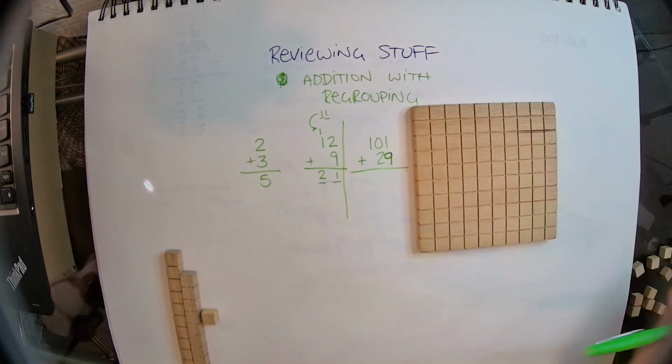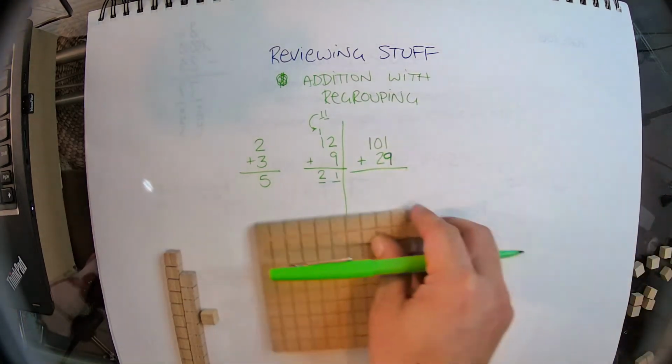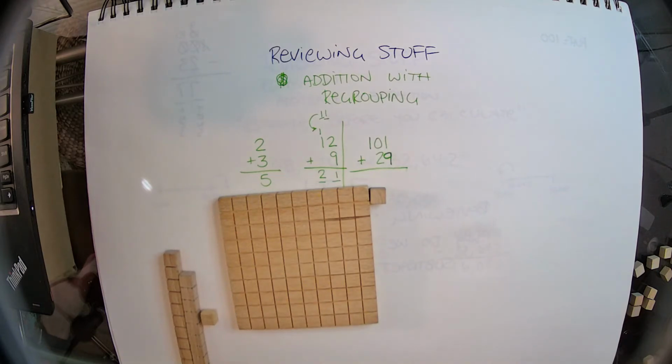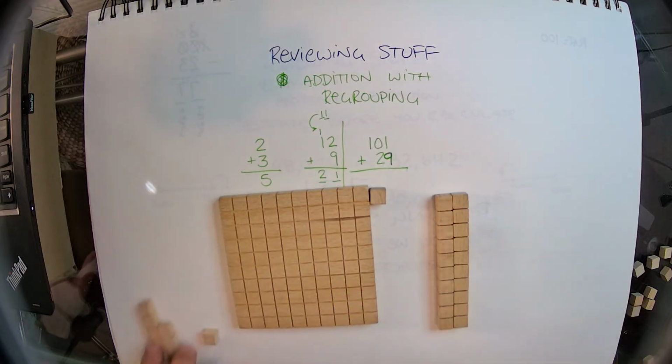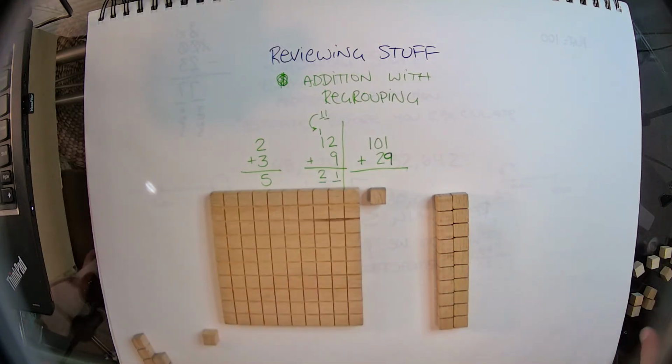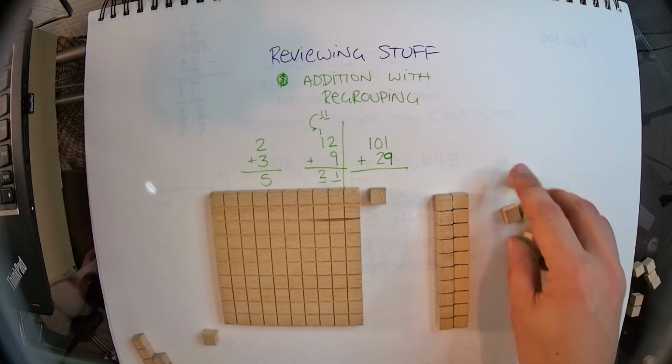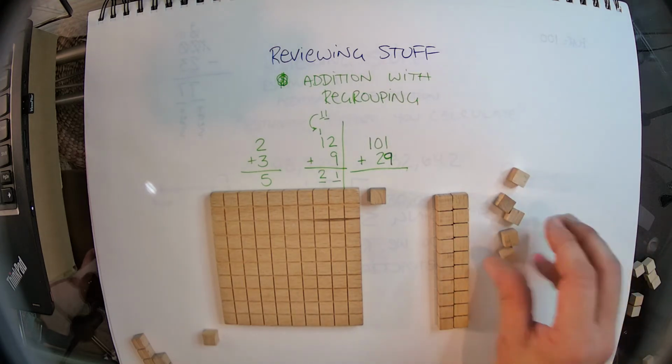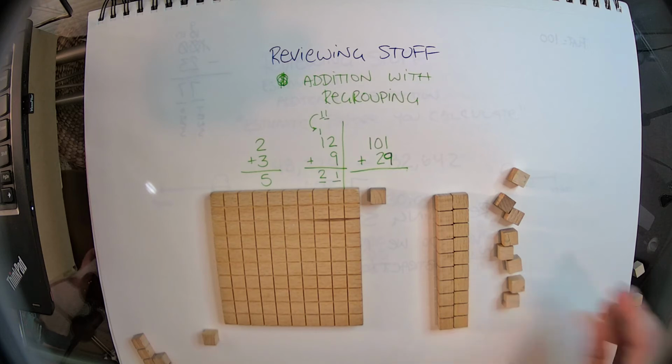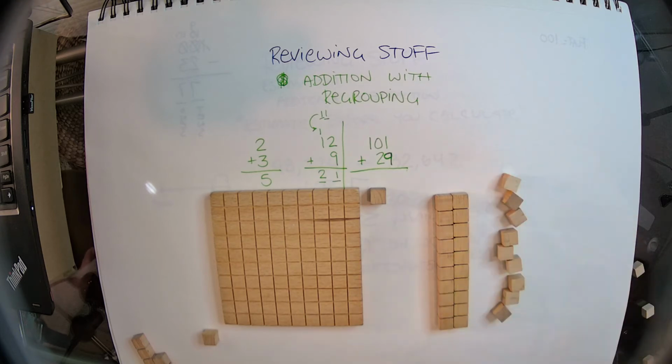If we have 101, and then we want to add 29 more, so there's 101 plus 2 10s, and 1, 2, 3, 4, 5, 6, 7, 8, 9. All right, so we're adding 101 plus 29.